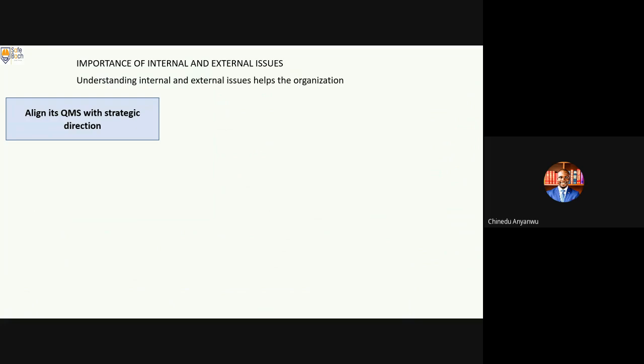By determining the internal issues that can affect an organization or external issues that can influence it, the organization will be able to align its quality management system with this strategic direction by identifying what can help you, what can affect you, what can make you or break you. You should be able to know how you will flow into your strategic direction.